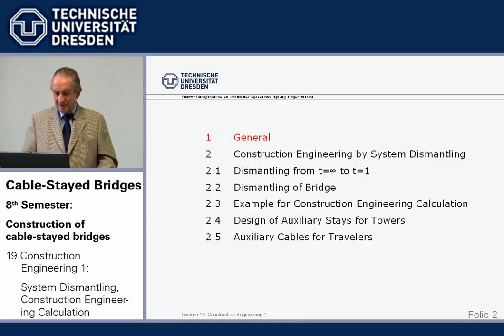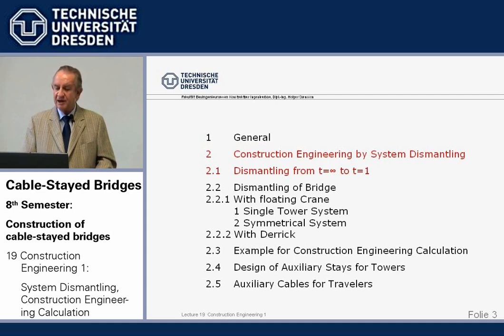Now, today we do the construction engineering by system dismantling. We have to start and then go back. We have different systems. We can do it with a floating crane. That's very easy because it doesn't put any loads onto the beam. So that's very simple. We can do it for a single system, a little bit more complicated for a symmetrical system.